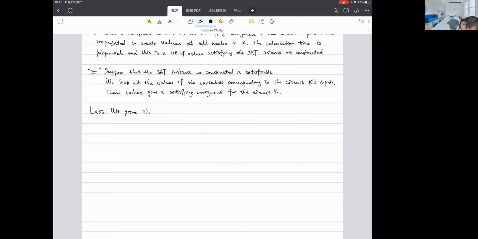What we do is we convert this instance of SAT to an equivalent instance in which each clause has exactly 3 variables.